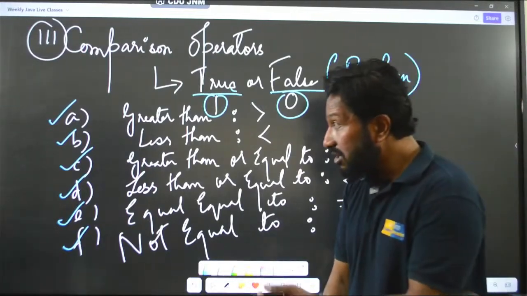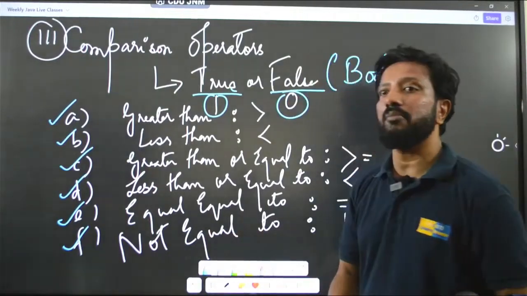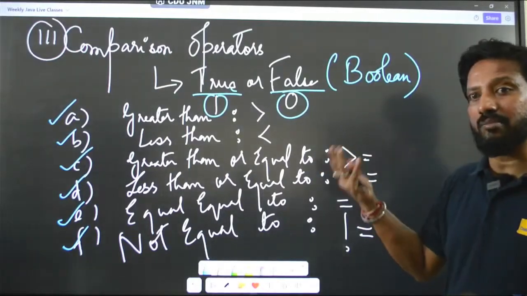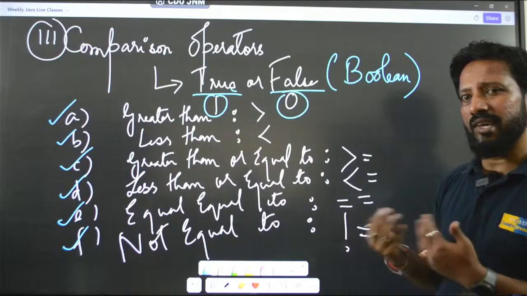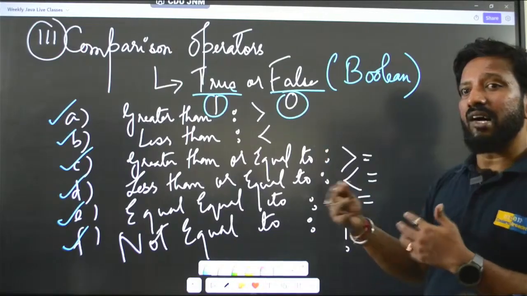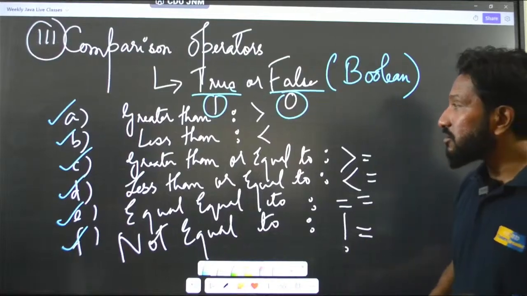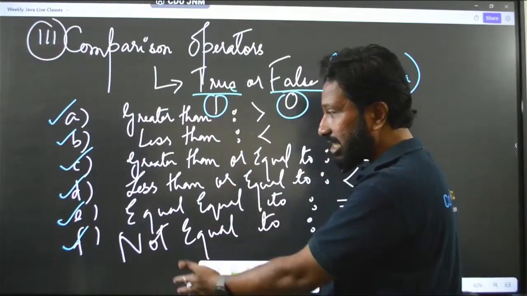Okay. Whenever we are comparing 2 or more operands, it always gives us a Boolean result, that is yes or no, something like that. Just remember it in a simple way. Yes, if it is bigger then yes, if not then no, something like that when you are comparing 2 things. Okay. So these are the 6 that you have to remember.